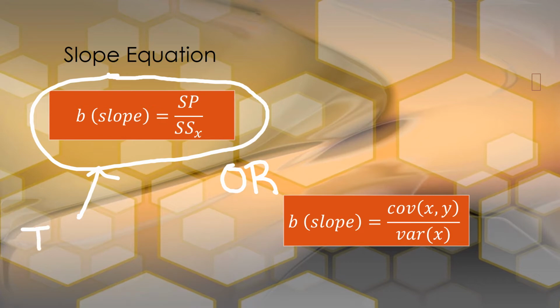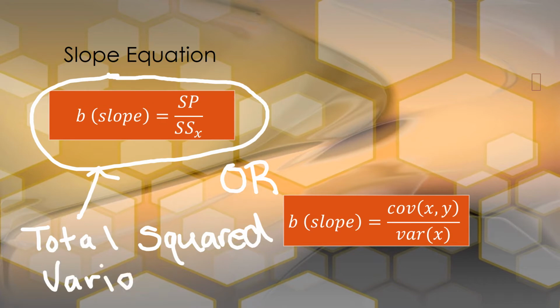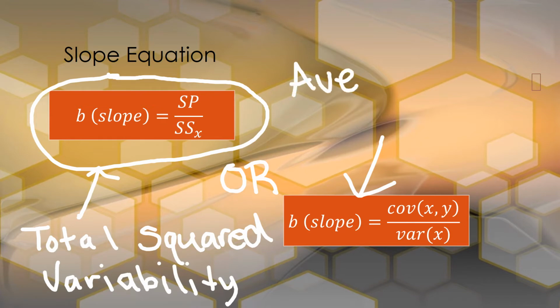And it is in the total squared variability. So it's a total squared variability, either in the relationship or just in the x. And then this other formula here is kind of in the average squared variability.